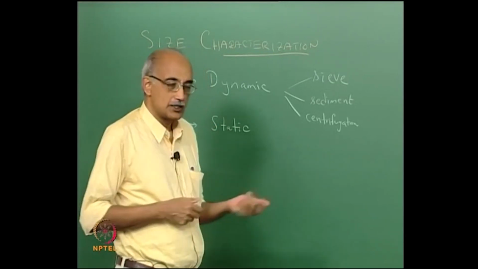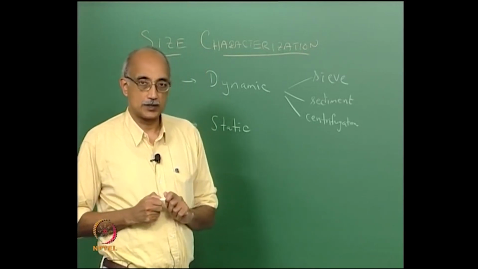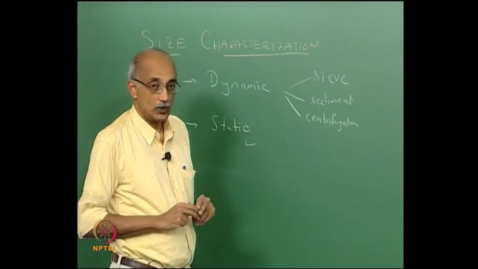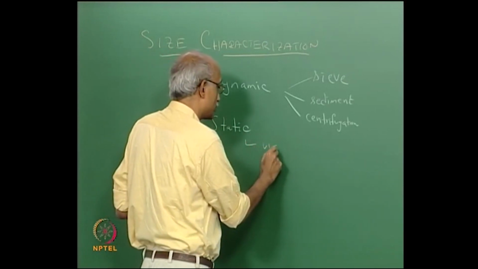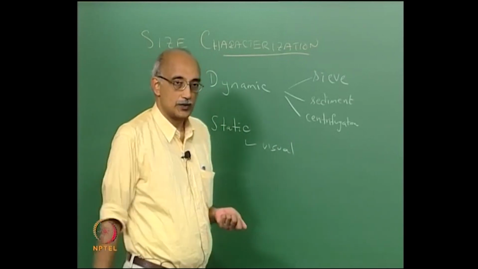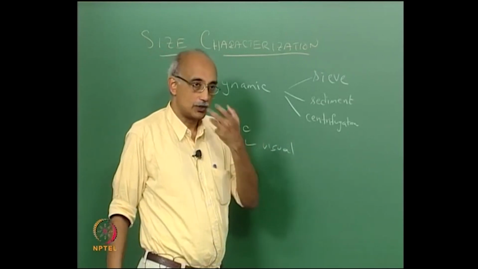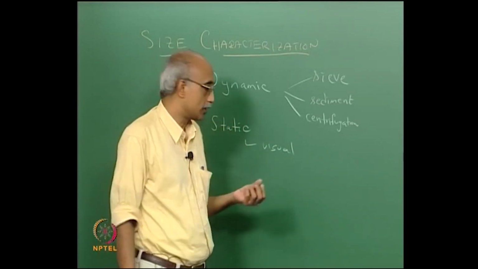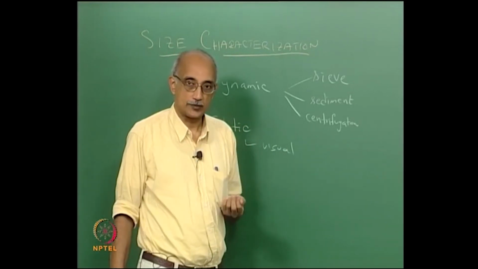Now, some common methods of static size analysis would be, well, the most obvious one is just a visual inspection. You have a particle sitting on a surface and you look at it and your eyes are doing size assessment. That is an example of a static size measurement.